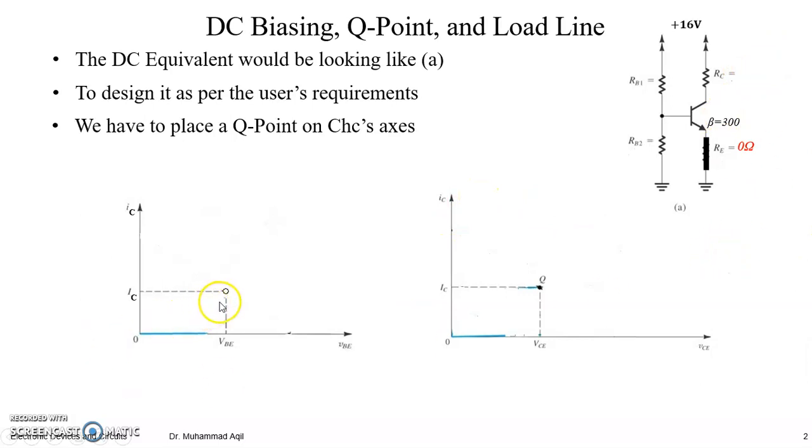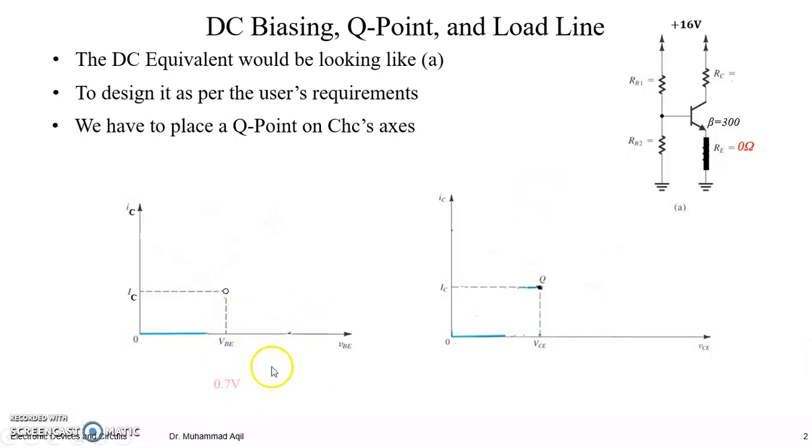At this time we don't know where the Q point would be, so we have to place it to fulfill the user requirement. Whatever we already have from the user, we can place, and we have to do all the steps maybe in reverse direction, but similar to the steps that we performed during the analysis previously.